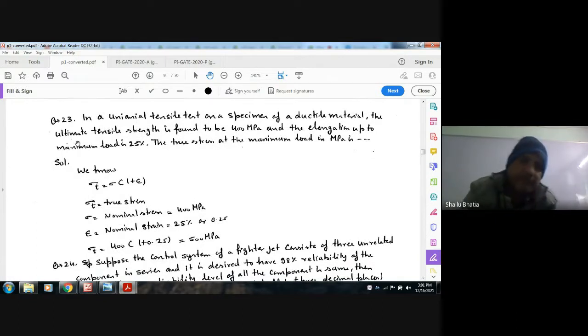In a uniaxial tensile test on a specimen of ductile material, the ultimate tensile strength is found to be 400 MPa and elongation up to maximum load is 25%. The true stress at the maximum load in MPa is, so sigma T here is the true stress, and the nominal stress is given as 400, and the strain is 0.25.